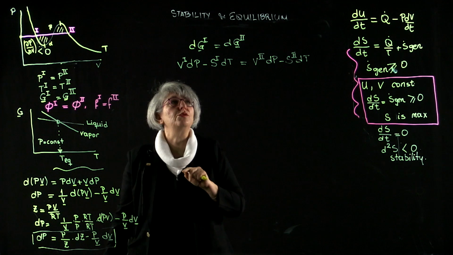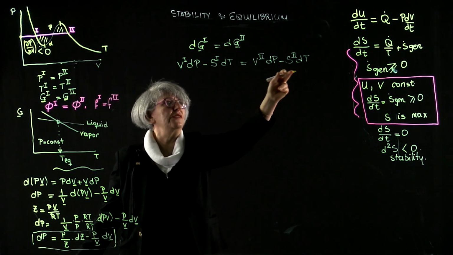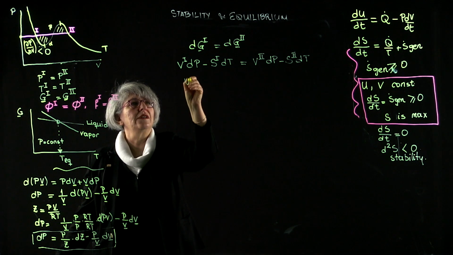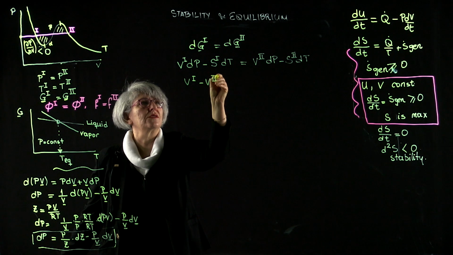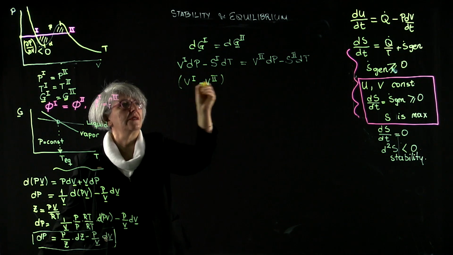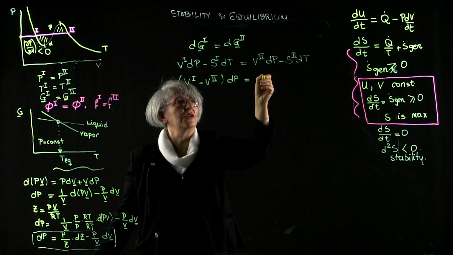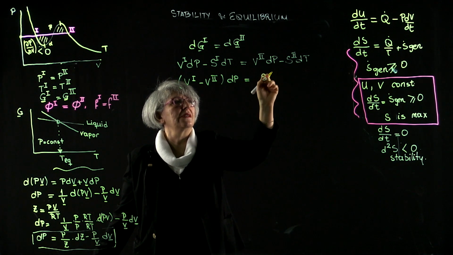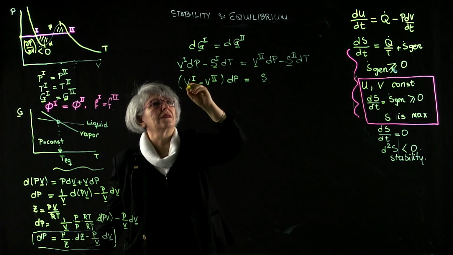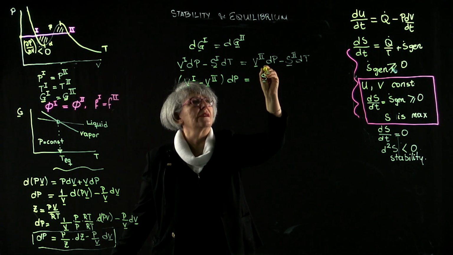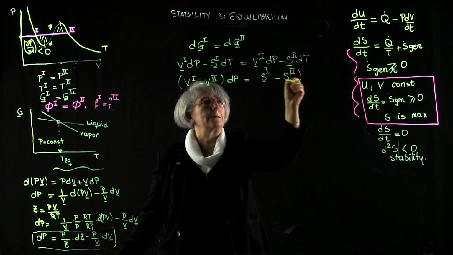So we are going to group pressure terms together and group temperature terms together. V1 minus V2 dP is equal to S1 minus S2 dT.